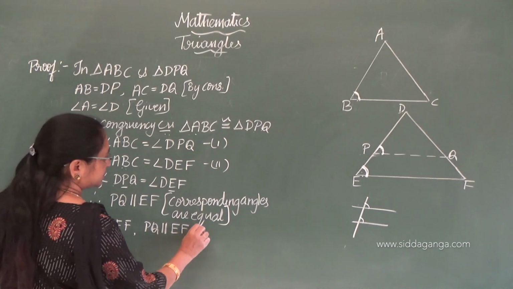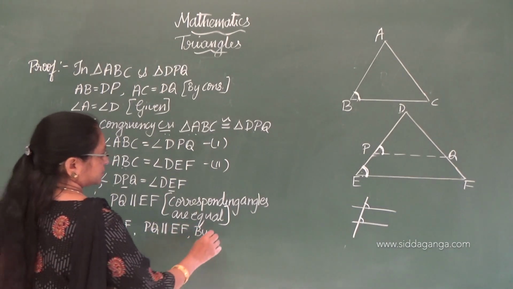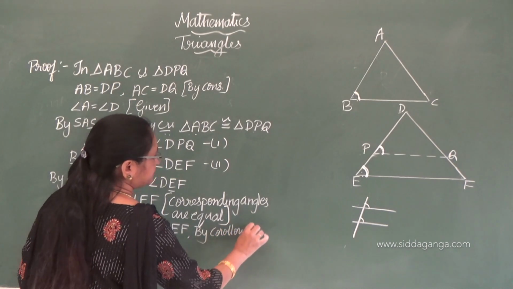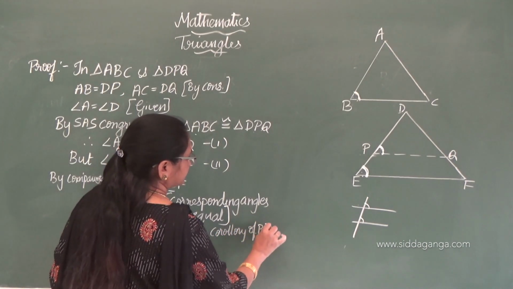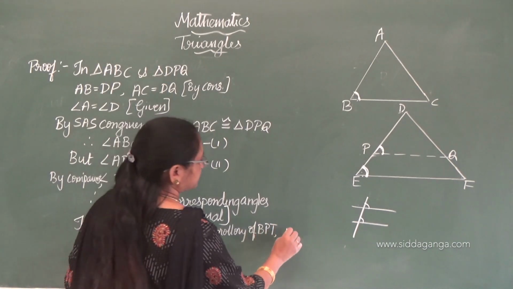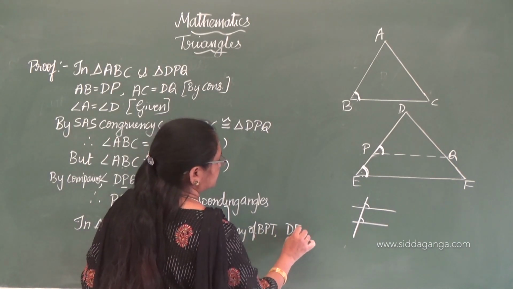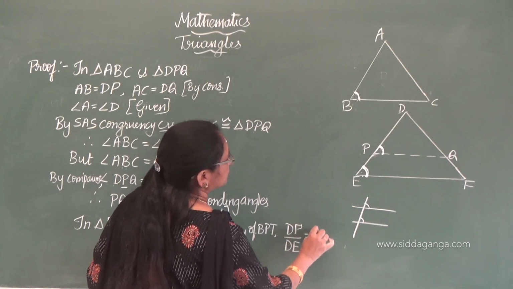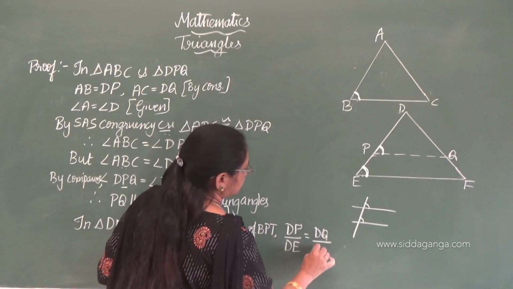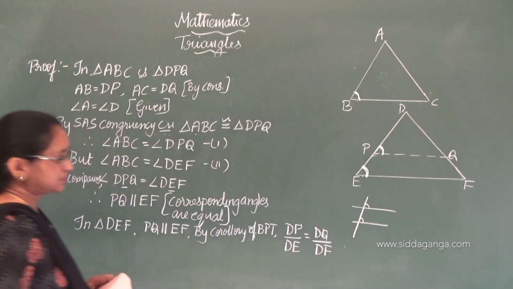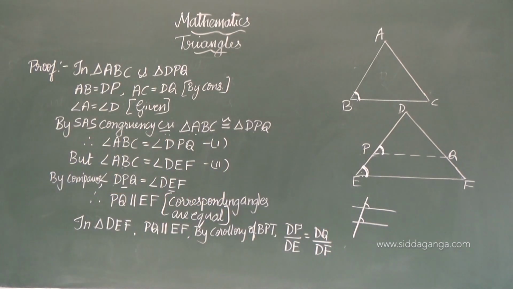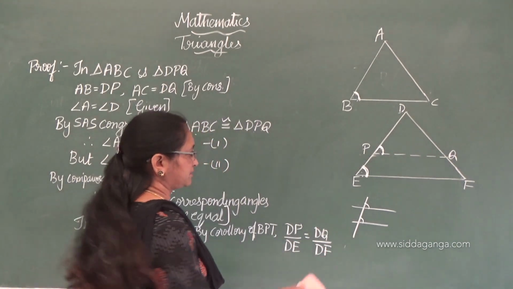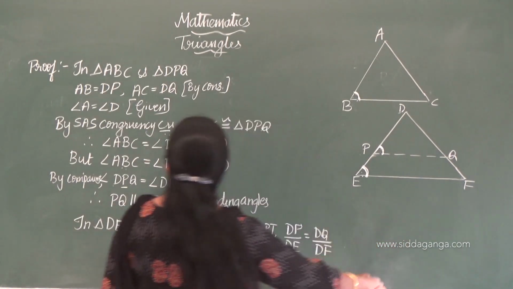Therefore, by corollary of BPT, what we can say, dP by dE is equal to dQ by dF. Do you agree? dP by dE is equal to dQ by dF.